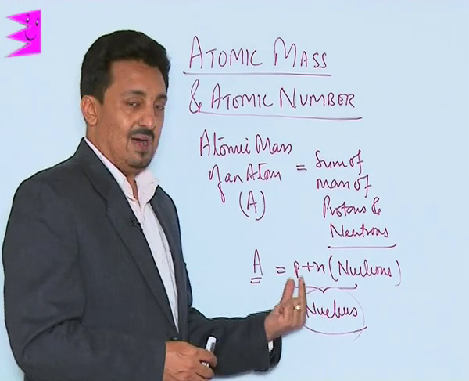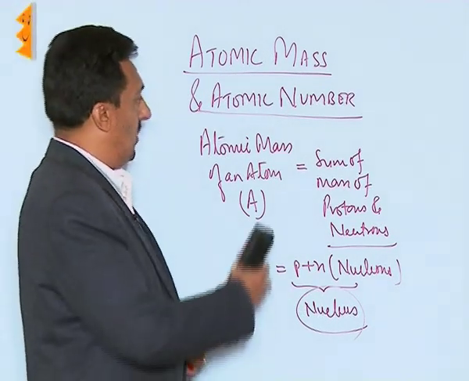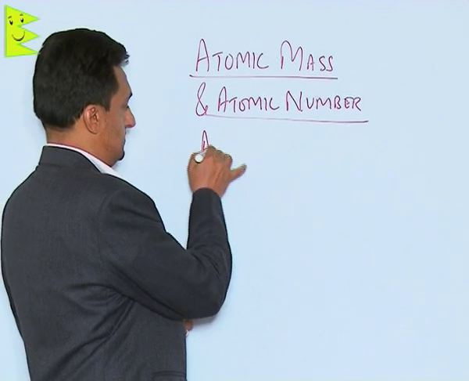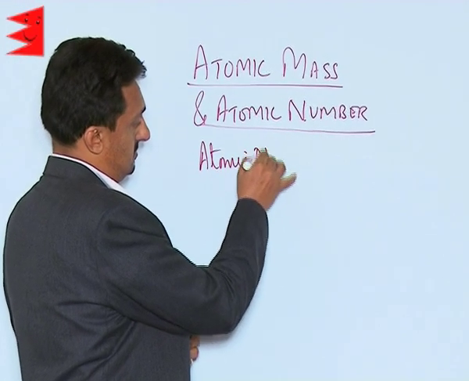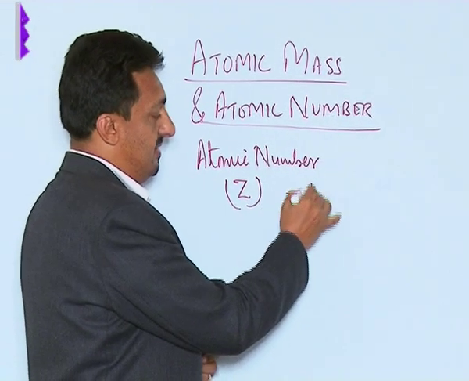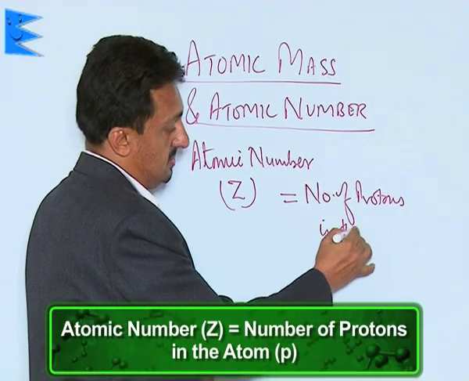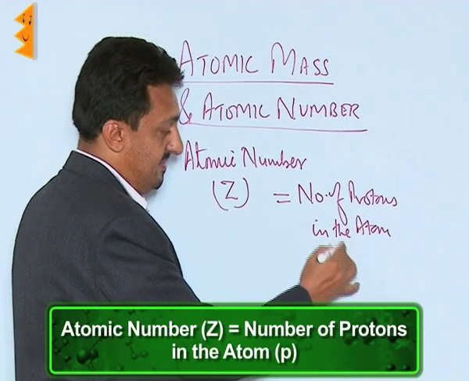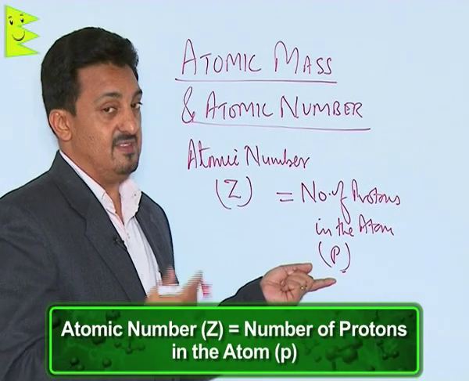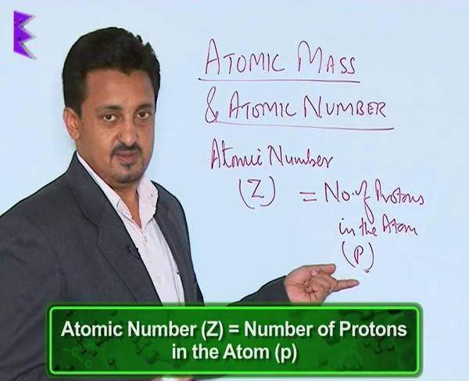And we already know the mass units, unified mass units, and the mass of the proton and the mass of the neutron. Similarly, what exactly is the atomic number? The atomic number, which is also represented by the symbol Z, is always equal to the number of protons in the atom, because that is the only positively charged particle present inside the nucleus, and it is the only particle on the basis of which we distinguish the atoms of one element from another.